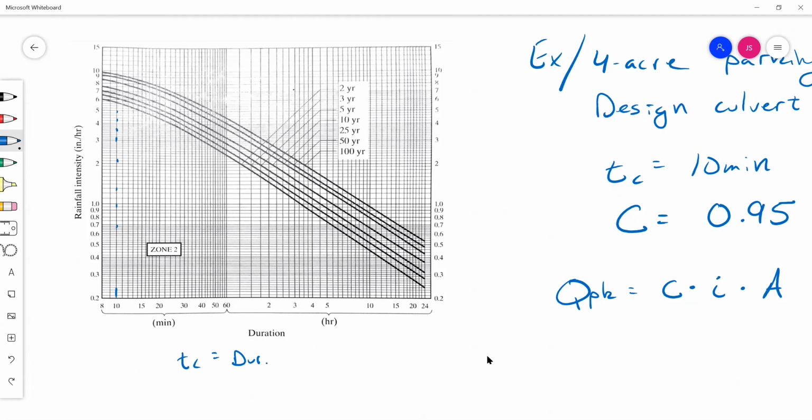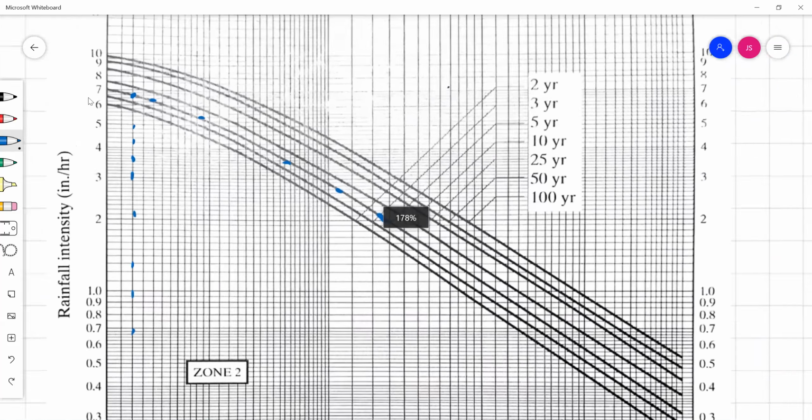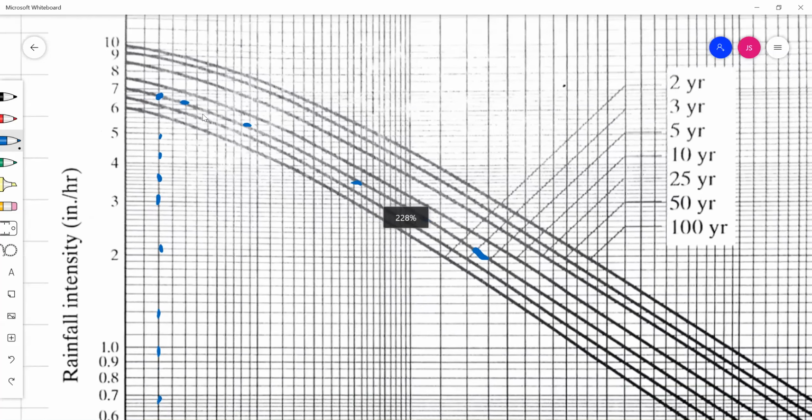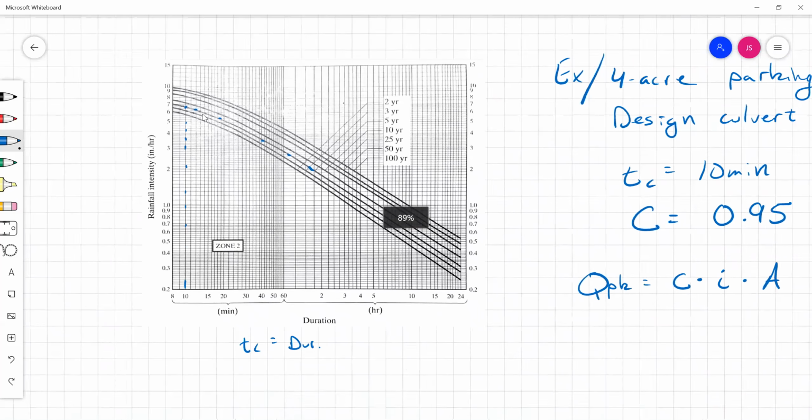And we need to find this 5-year occurrence interval curve, which is right here, this third one. And there's our intersection point. So let's zoom in, and we'll just call it 6.5 inches per hour.